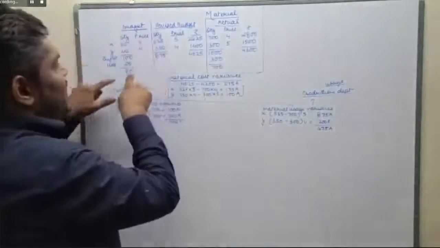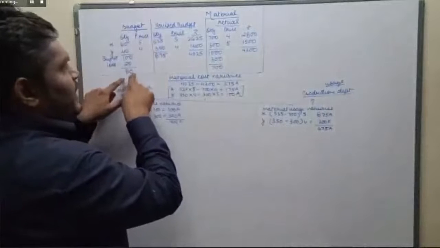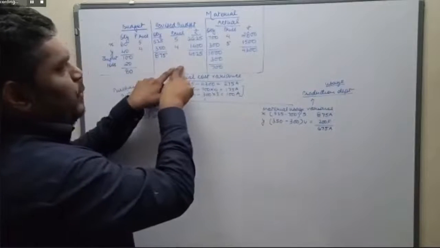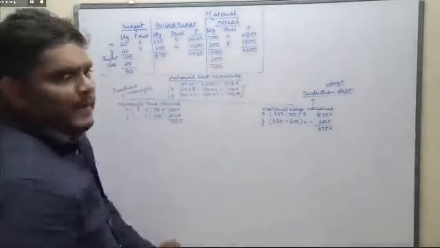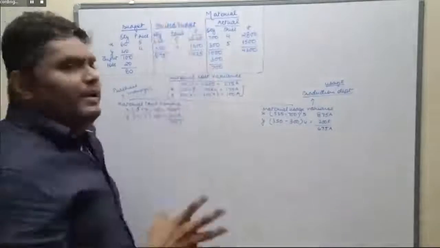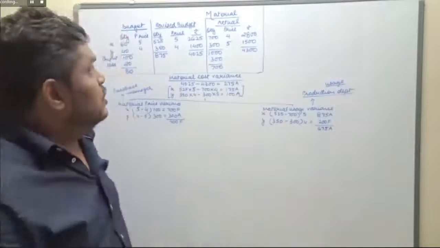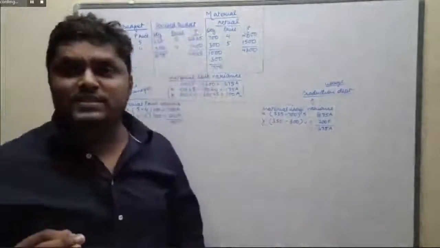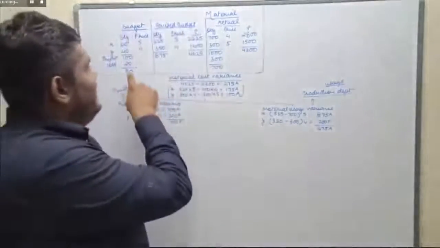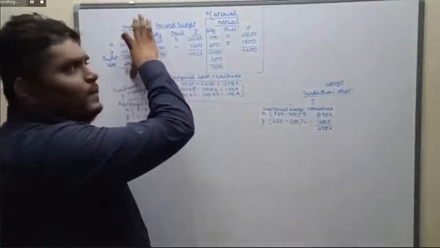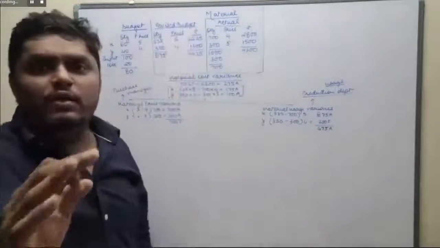So what we did is convert this 80 unit output data into 700 unit output data to make these two figures comparable. This data is the revised budget, wherein the 80 unit output budget is converted into a 700 unit output budget.